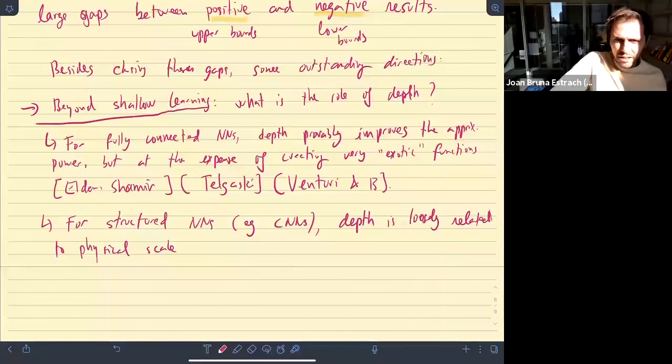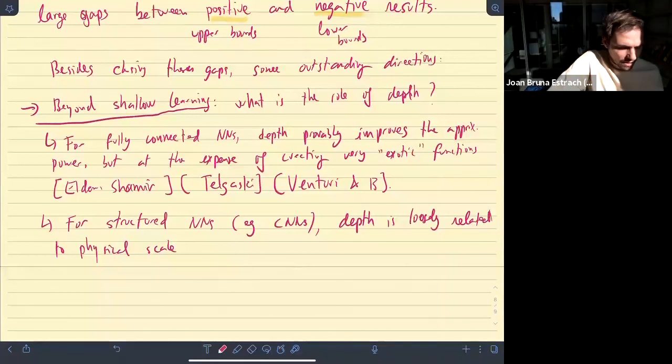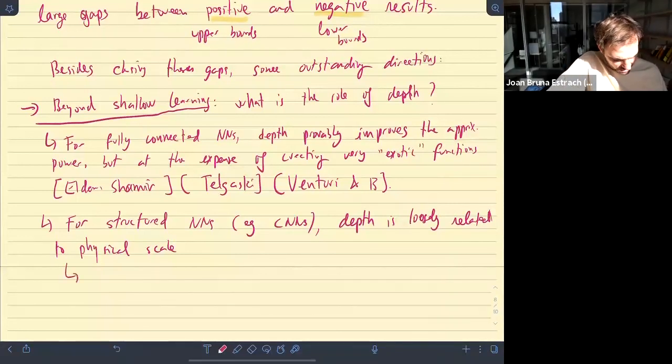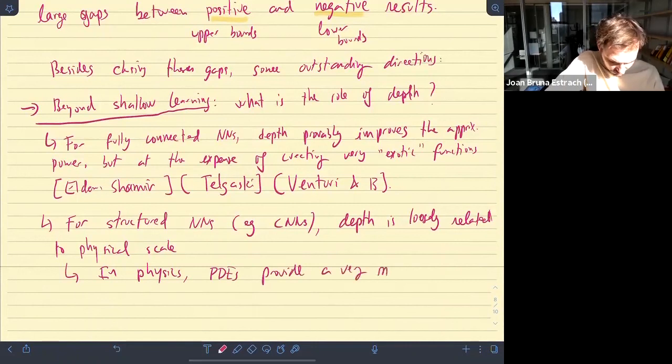So it can be the scale in space or the scale in time. So in physics, PDEs, for example, provide a very natural source of compositional structure, right?